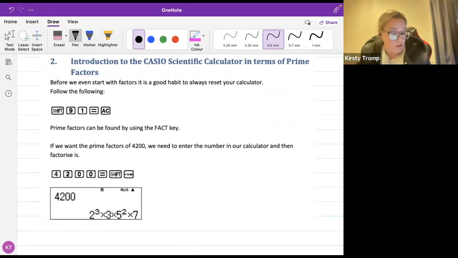So before we even start with factors, it's a good habit to always reset your calculator.